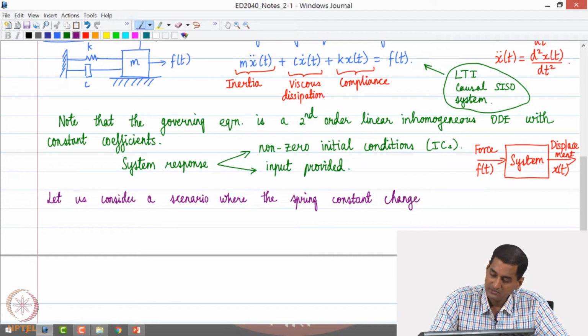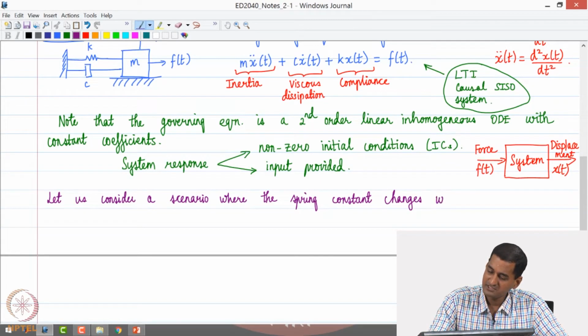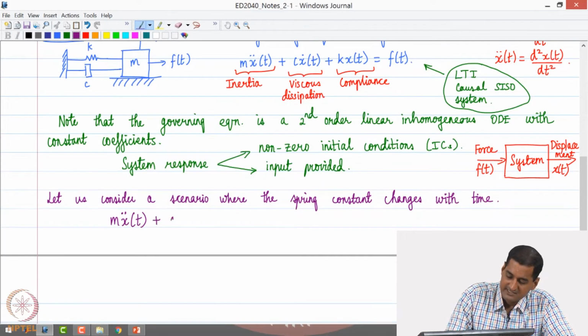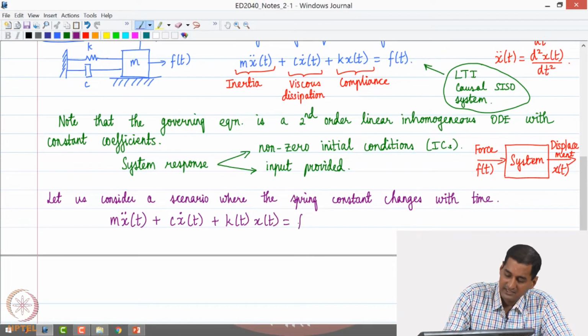So let us consider a scenario where the spring constant changes with time. Then the governing equation could be rewritten as m x double dot plus c x dot plus k of t x of t is equal to f of t.